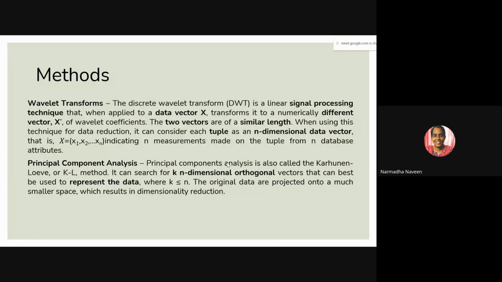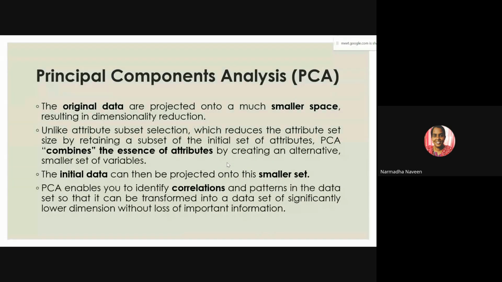And principal component analysis is a method which can search for the orthogonal vectors which best suit the representation of the data. This technique is able to represent the original data in a much smaller space, resulting in dimensionality reduction.